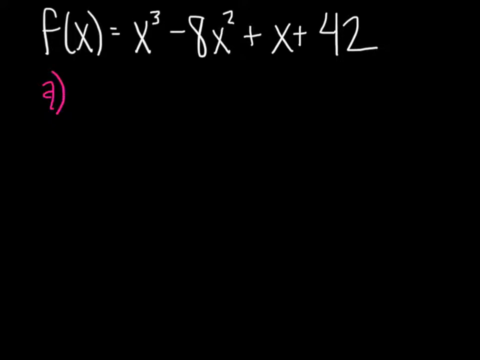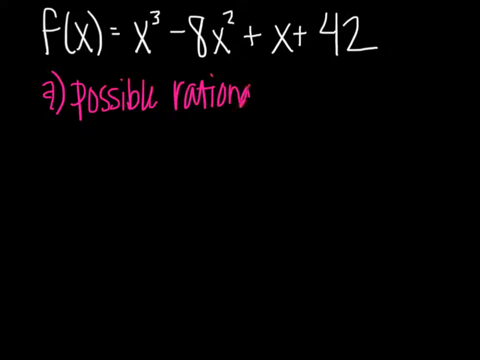And the first thing we're asked to do for part A, this is a level 2 objective, is to find the possible rational zeros. In order to do that, we're going to use the rational zero theorem, which is the PQ formula.